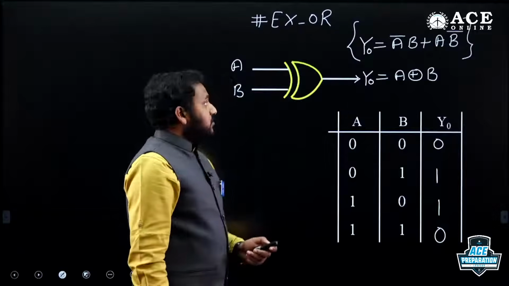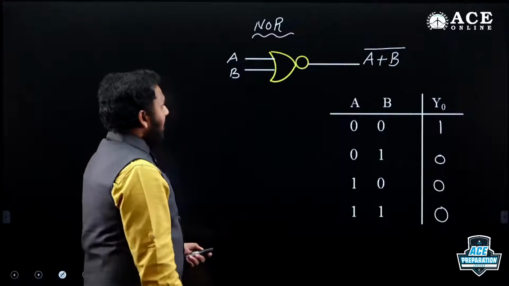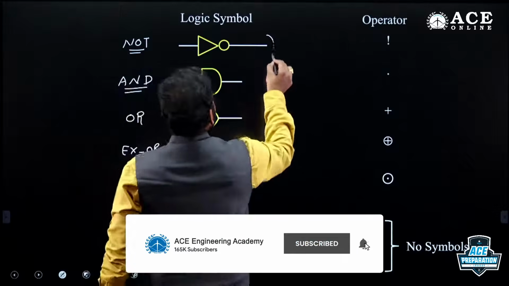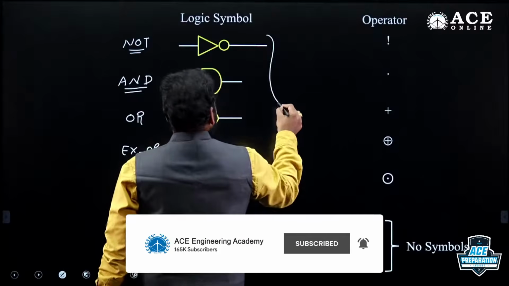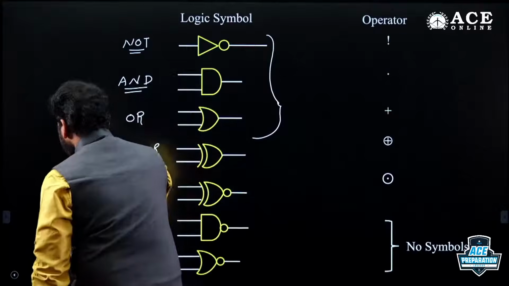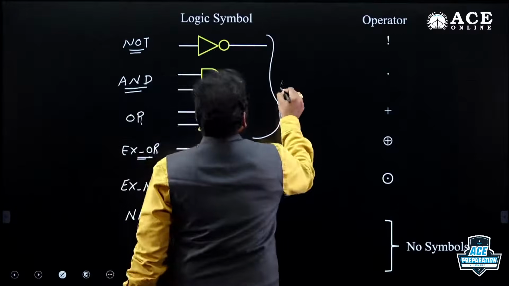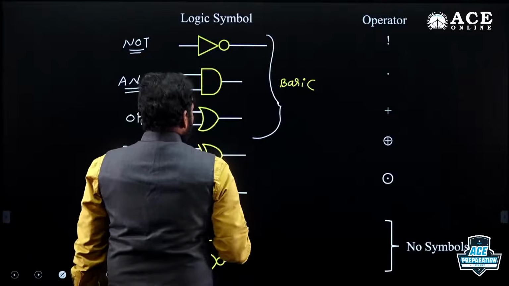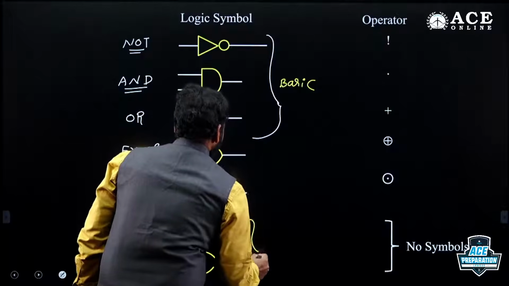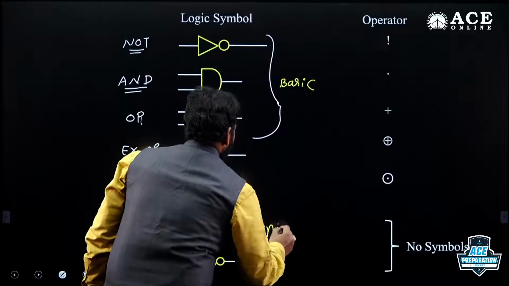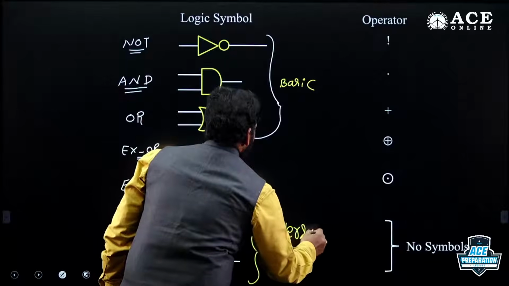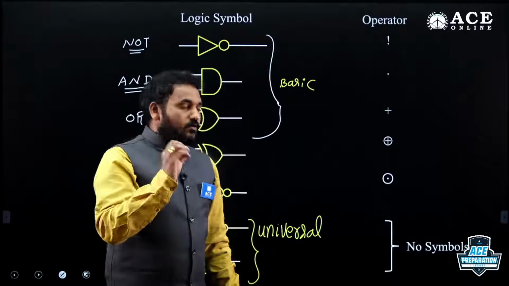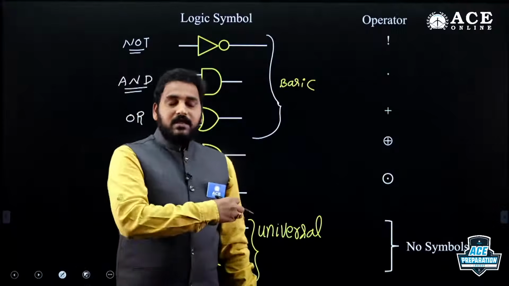Actually, the XOR and XNOR gates are also called arithmetic gates. See, my dear friends, these 3 gates can be called basic gates. You know that NAND and NOR gates are called universal logic gates, simply universal gates, because by using only NAND or only NOR gates, we can implement any other logic gate.